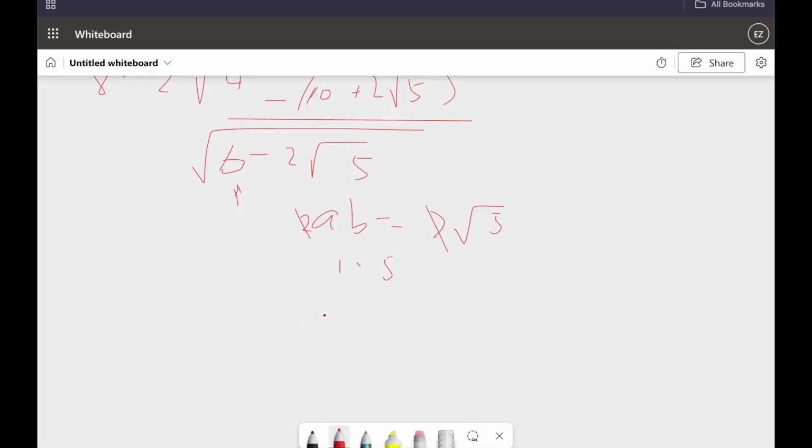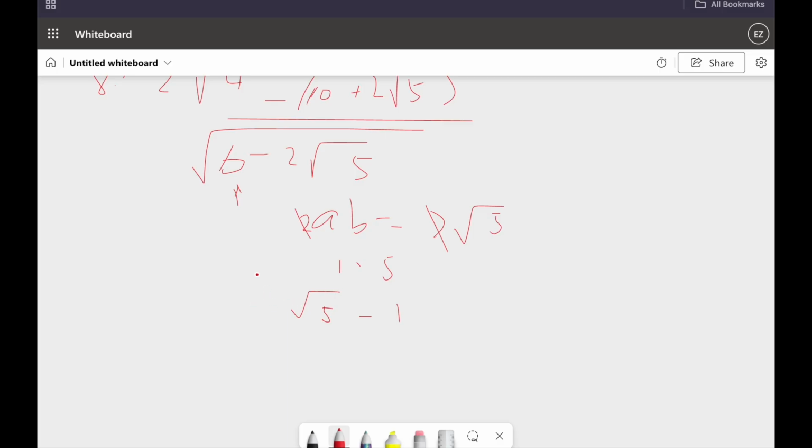So we get square root 5 minus 1. Checking, square root of 5 squared plus 1 squared gives 6, so it's correct.